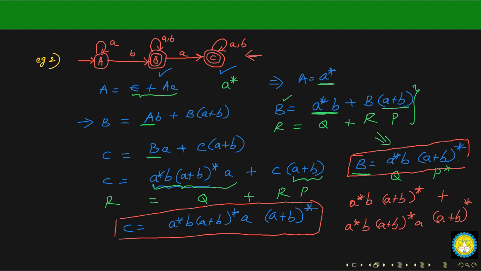Note that this particular term corresponds to the expression for B, and this term corresponds to the expression for C. That's why we are combining them, and this is our total solution.